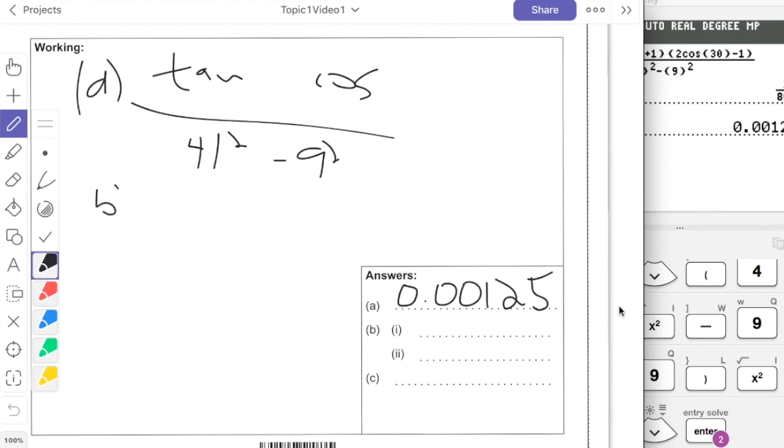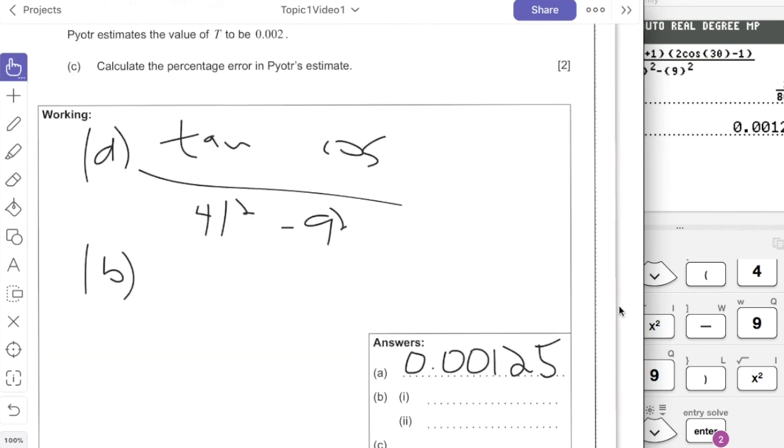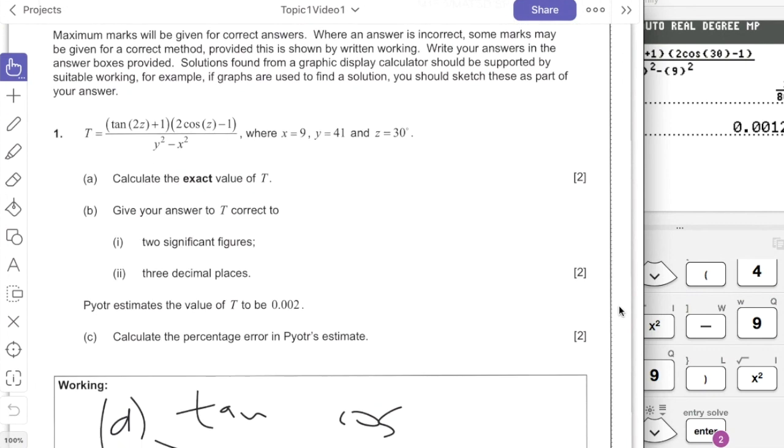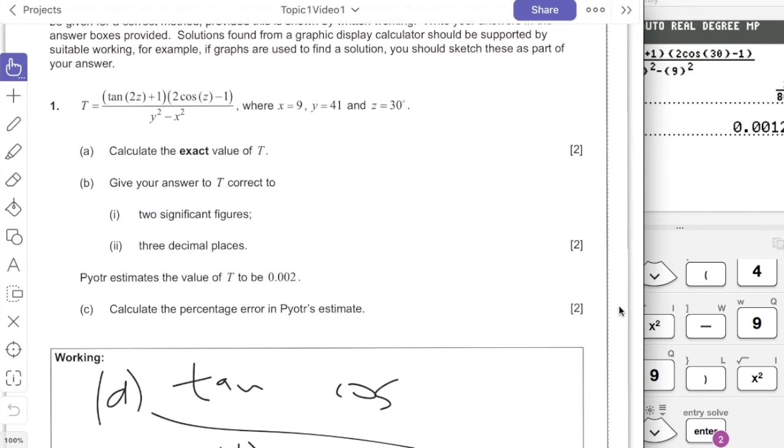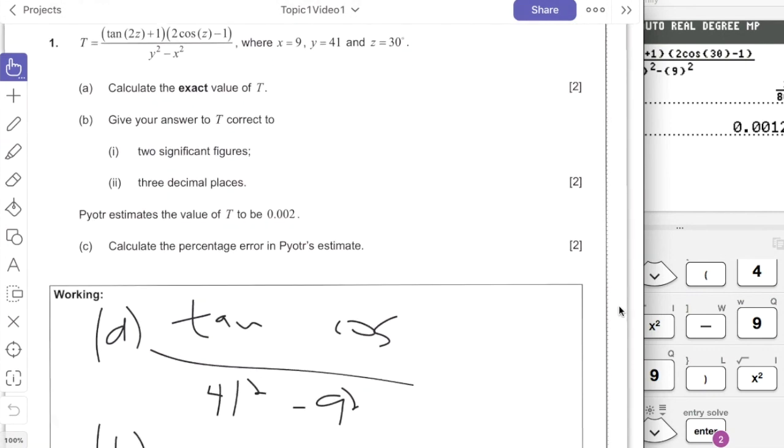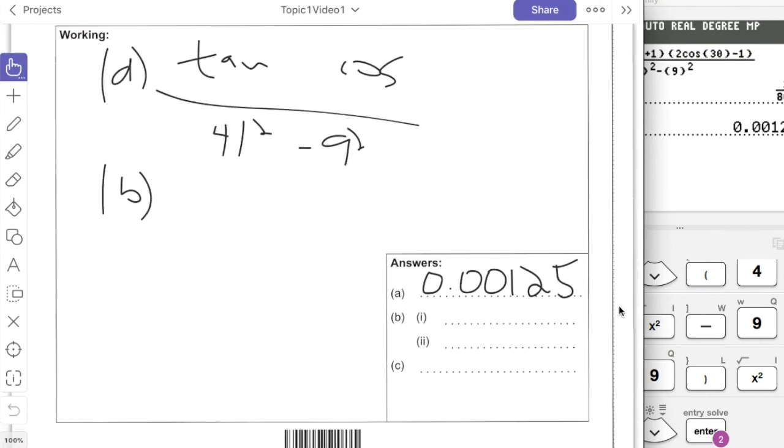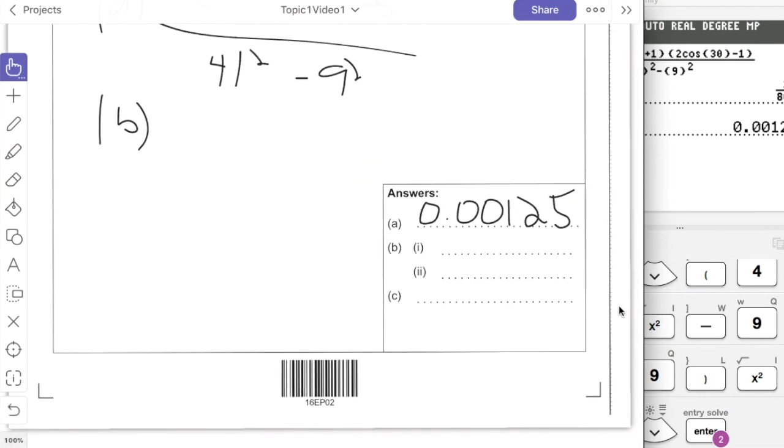So B, I'm going to do some rounding on B here. Let's see what the question asks. It says, give your answer to 2 significant figures, and to 3 decimal places. So 2 significant figures.